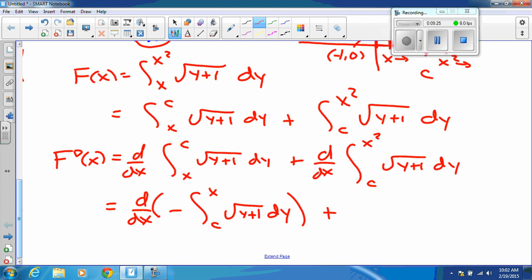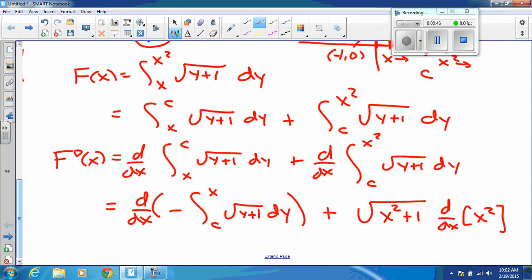And here, this guy is ready to go. This is a function of x squared, so I can think outside, inside. The derivative of the outside, using the fundamental theorem, is the square root of x squared plus 1. And the derivative of the inside, I'll evaluate in just a second.